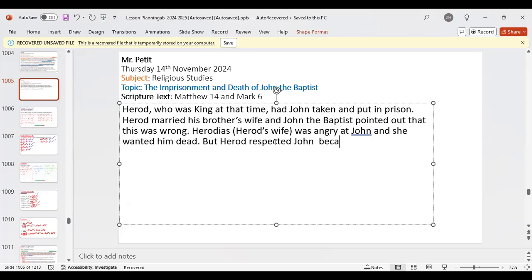Because he knew that John was just and holy, right? A just man, a holy man. And plus Herod knew that the people loved John the Baptist, and so he wouldn't kill him.